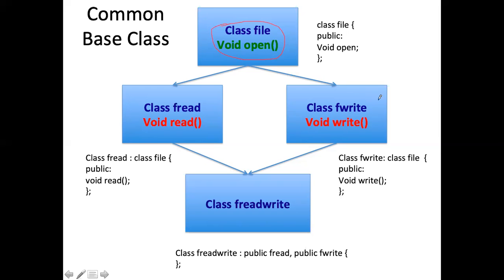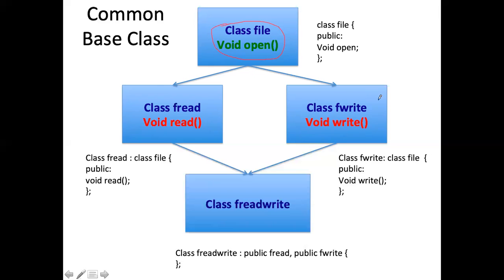तो इस सूरत में आपको void open function जो है वो class f read या class f write के अंदर लिखने की ज़रूरत नहीं है. You can actually write down, you can make a common base class outside your standard base classes. ठीक है.